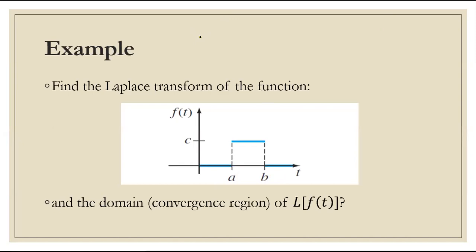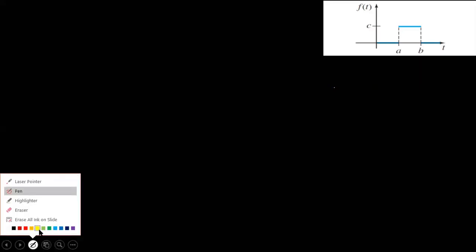So here in this slide, before finding the Laplace transform, let me write the analytic form of my function. My f(t) is now given by 3 values. It is a piecewise continuous function. First, when t is less than a.